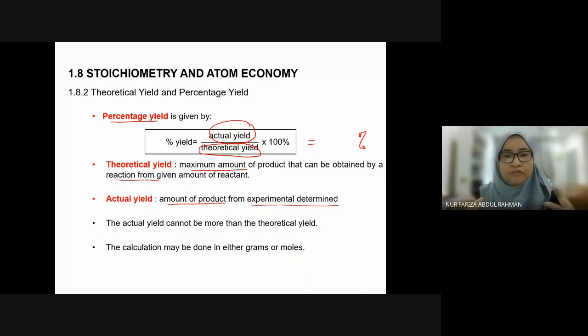For example, you want to bake a cake. You are expecting to produce, let's say, from your ingredients, 7 cakes. So for your final product, that would be your theoretical yield.